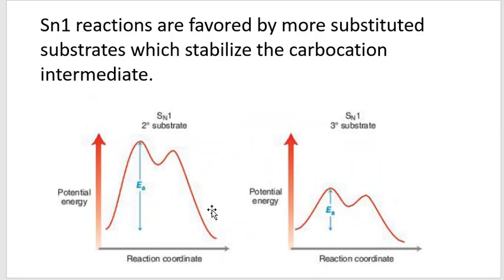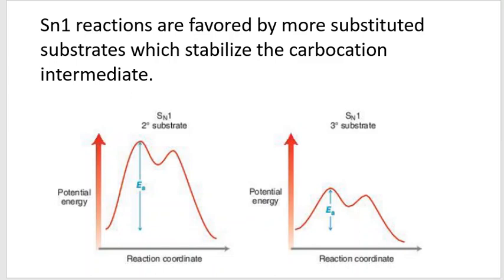Those additional R groups around the carbocation stabilize it. So the more substituted, it's the opposite trend as SN2, but the more substituted the electrophile is in SN1, the faster the reaction will be.